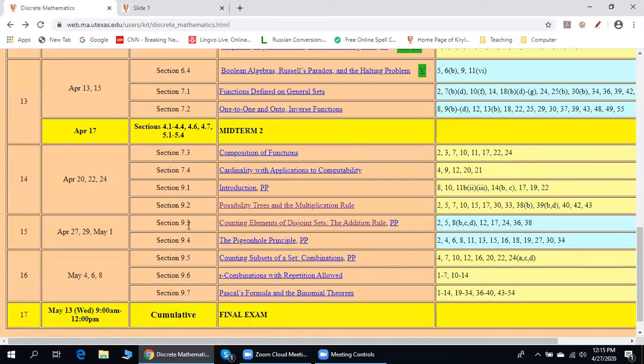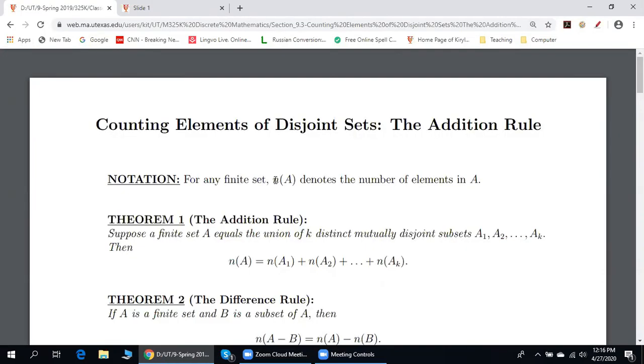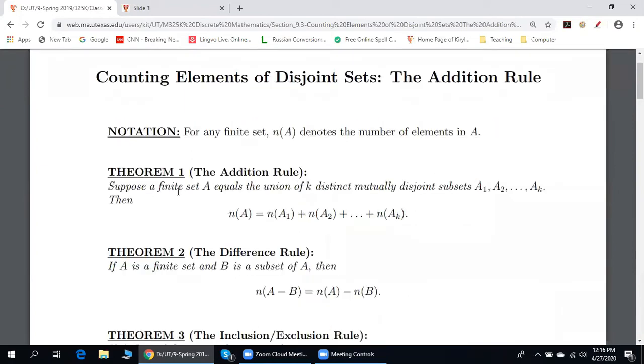Section 9.3. Let us denote by n(A) the number of elements in A. Theorem 1. Suppose a finite set A equals the union of k distinct, mutually disjoint subsets A1, A2, and so on, Ak.